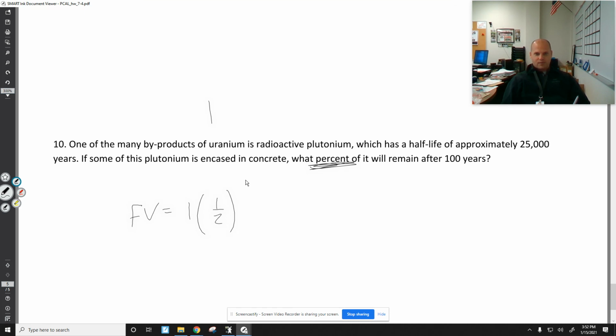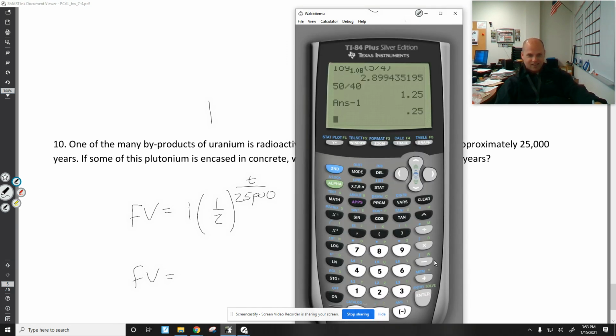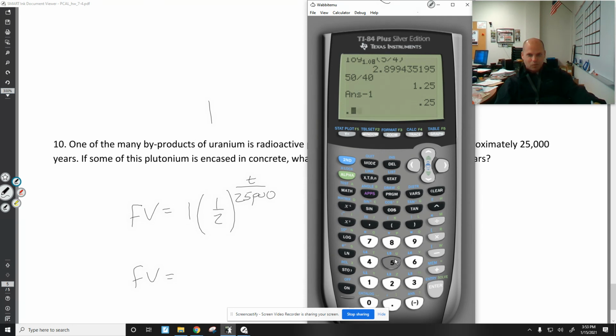So (1/2) to the t over 25,000. I feel like we're making a political statement here. If we have 100 years, 0.5 to the 100 over 25,000. So 99.7%.